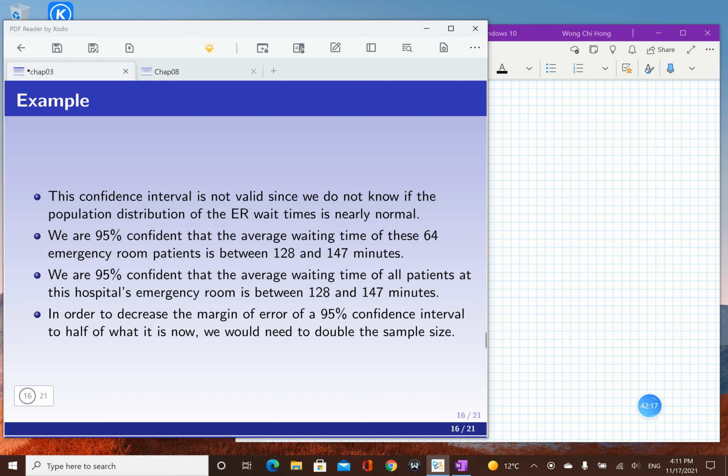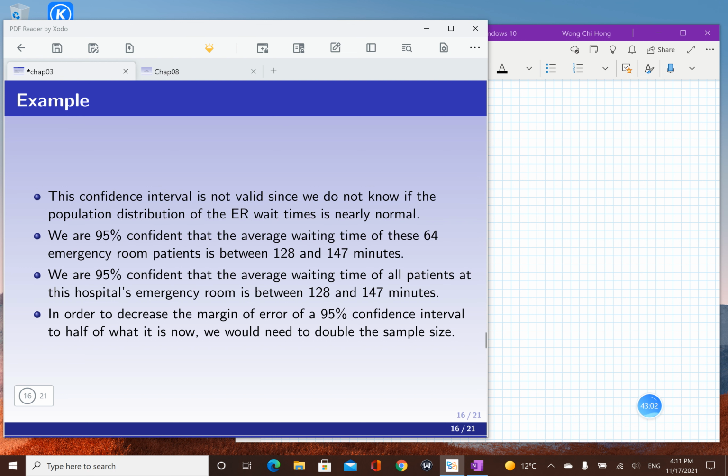We are 100% confident that the average waiting time of these 64 people, the sample mean, our average value for this sample, is right there in this interval, most likely right there in the exact middle.